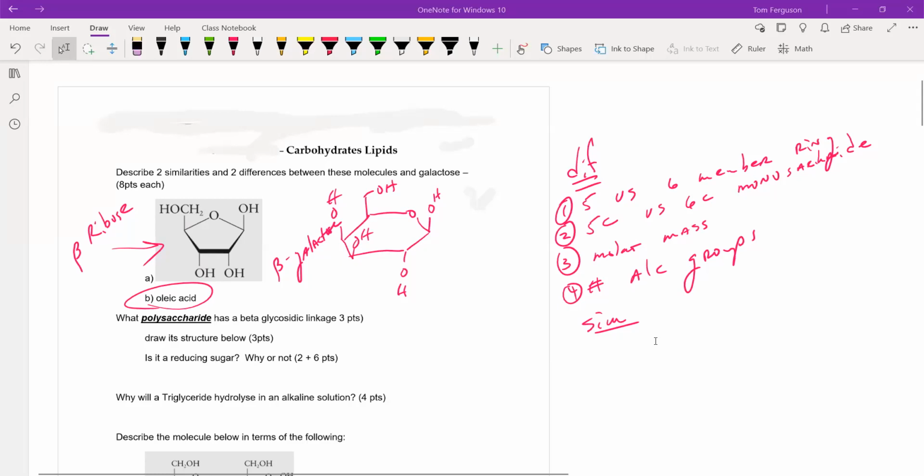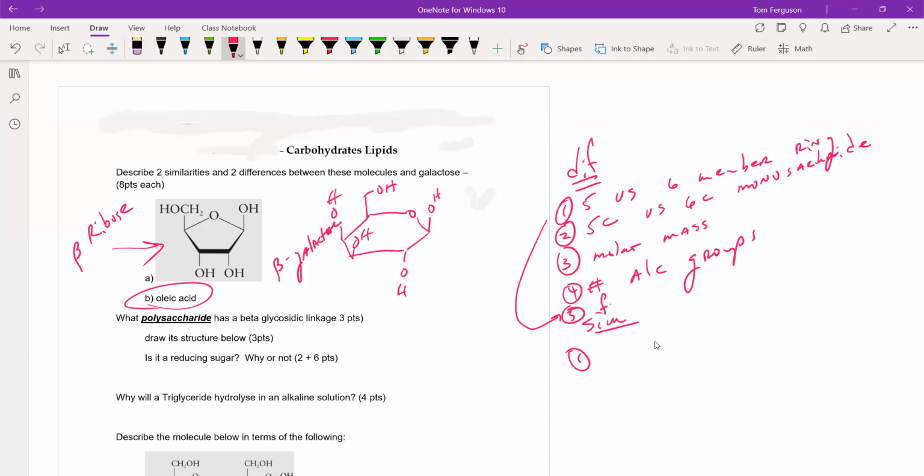All right. So you guys did a good job on the differences. Let's look at the similarities. Well, one other difference, this is related to number one.